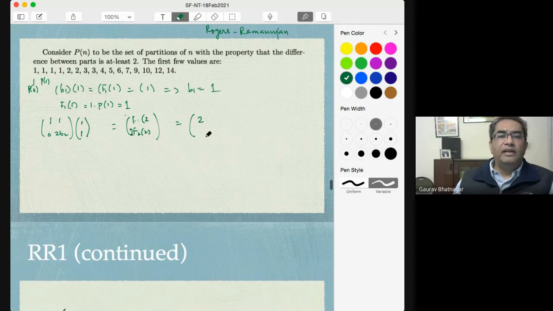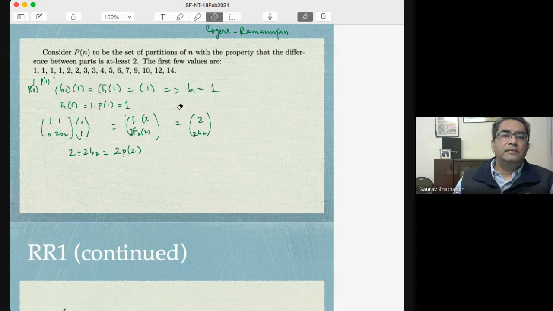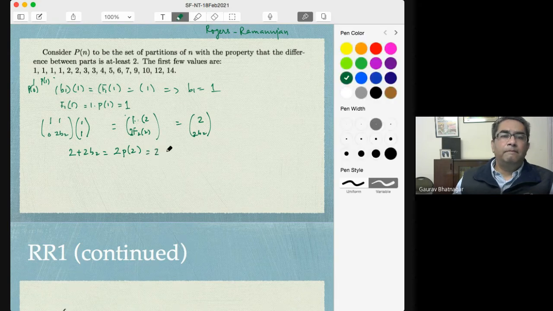The second one I don't know; I'll get 2b2. And then from this equation, if I sum these, 2 plus 2b2 should be equal to 2 times p2. So what is p2? It is this 1. So this gives me b2 equal to 0.